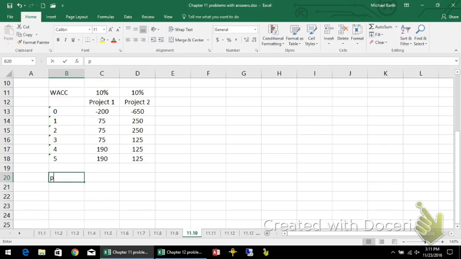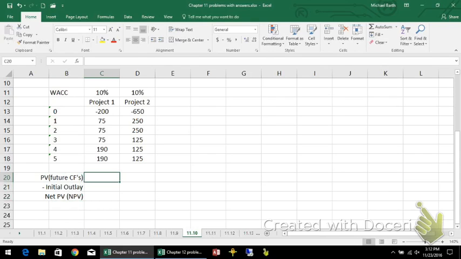So the present value of the future cash flows minus the initial outlay gives me the net present value, or the NPV in finance parlance.